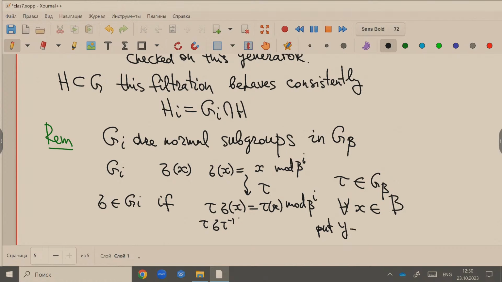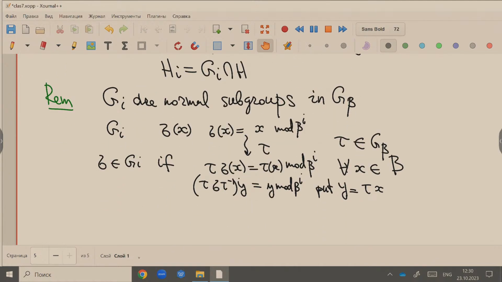So put y equal to tau x, and you may write this tau inverse of y equal to y modulo beta I. And this is precisely the property of being in the corresponding part of the filtration for G. So that means that tau sigma tau inverse belongs to Gi.